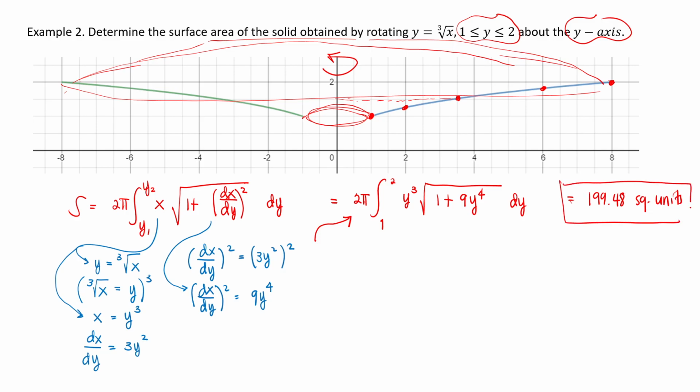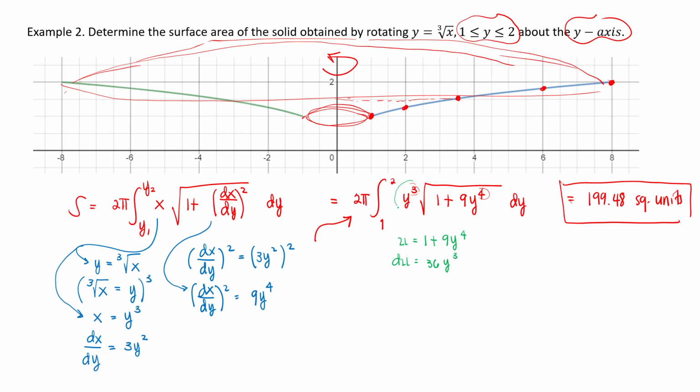Of course, if you want to help the calculator, you can see that this one is to the power of 4 and this one is to the power of 3. So the outer portion is of lesser degree than the inner portion, so you may use u substitution. u equals 1 plus 9y to the power of 4, and then du equals 36y cubed dy.